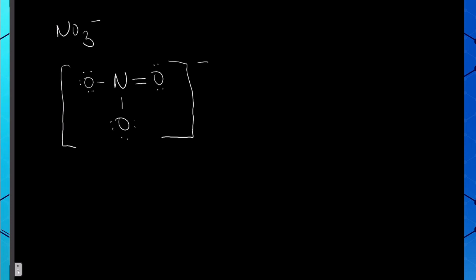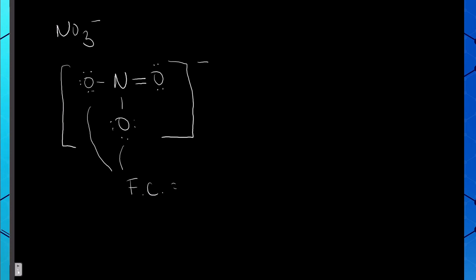So let's calculate the formal charge of this oxygen right here. So you need to calculate the formal charge for all the atoms that are equivalent. So in this case, we notice that these 2 oxygens right here are structurally the same. So this one right here and that one right here. So we can calculate the same value for both of these. So the formal charge for these is, so we can calculate that.